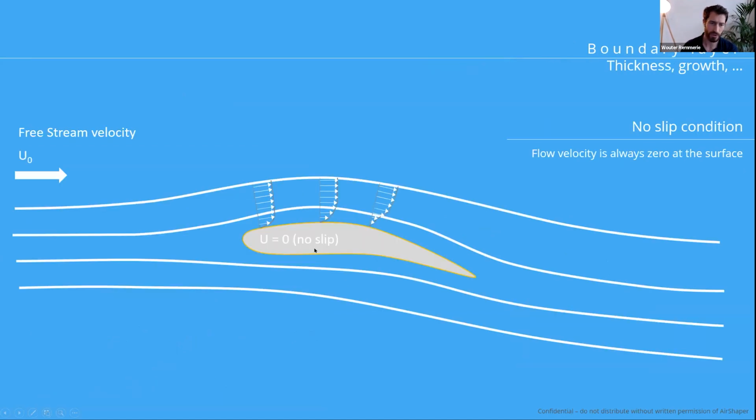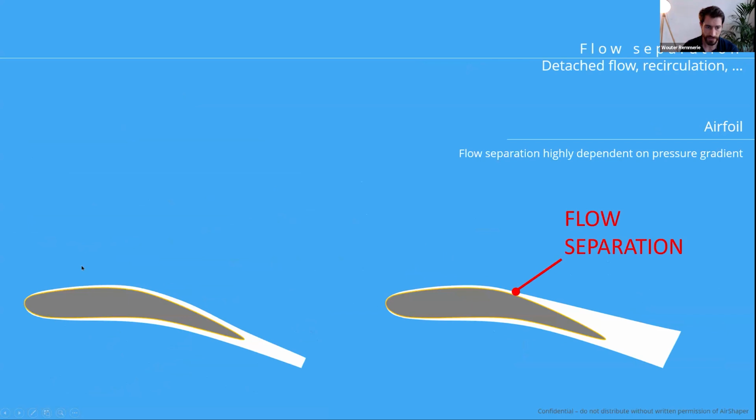Flow separation is also quite important. If you have this wing and it's nicely attached, the streamlines will follow the contour of the wing. But imagine you increase the angle of attack of your flow. Then the air needs to go around and follow that sharp curvature. At some point, this becomes too much for the air, and the air decides to just go straight ahead instead of following the curvature all the way down.